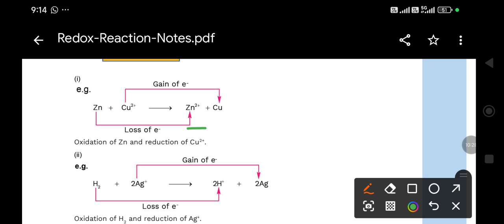Loss of electron is oxidation, whereas Cu2+ gains the electrons lost by zinc, and gain of electron is reduction. So this reaction is a redox reaction. Another example: H2 changes to H+, meaning loss of electron, so oxidation is taking place, whereas Ag+ changes to Ag, meaning it has gained an electron. Gain of electron is reduction.